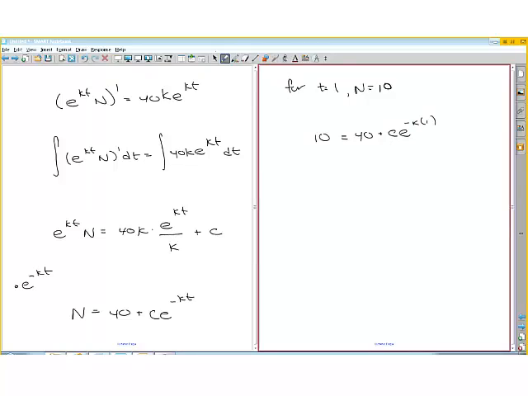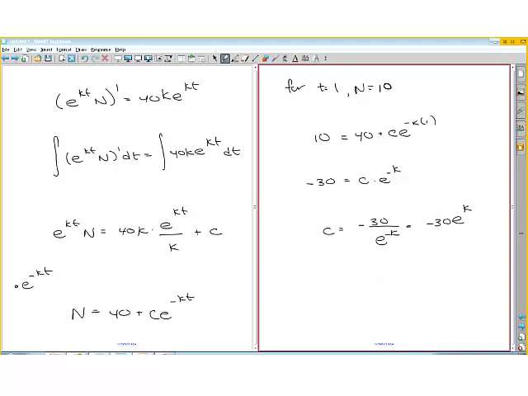So how do we solve for that? Well, you could subtract 40 from both sides, so c is equal to negative 30 divided by e to the minus k, or it's equal to negative 30 e to the k.